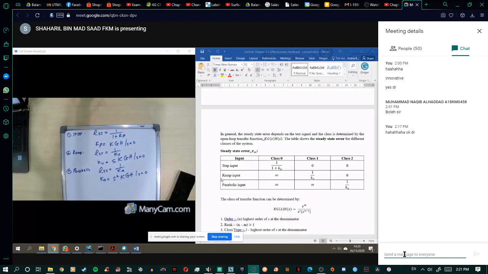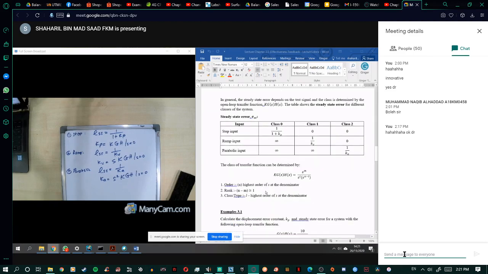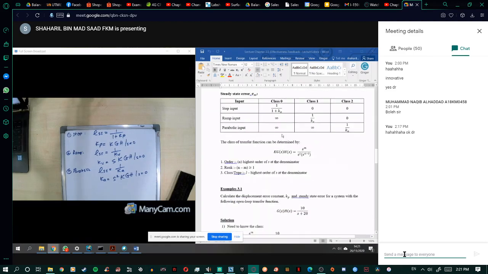And when you apply the ramp input to your system that belongs to class 0, you will get infinity. Your steady state error is infinity. That means your system is not stable. And for parabolic, when you apply it, the system is also not stable, infinity. That is depending on the class, right? But this one is only the guideline.